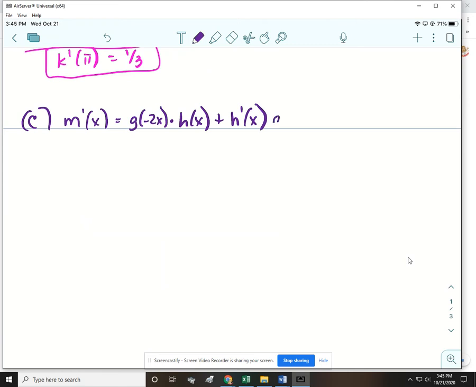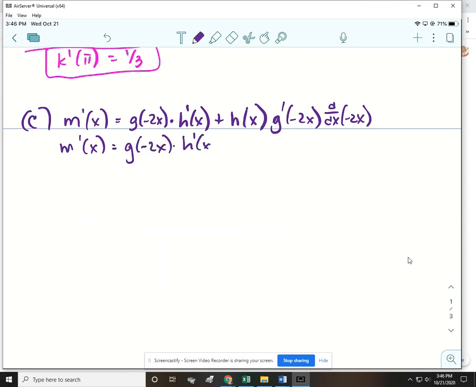So that's going to be, leave h of x alone. Okay, it's going to be g prime of -2x. But because it's not just g prime of x, we do have to multiply by the derivative of -2x. And that derivative is -2.